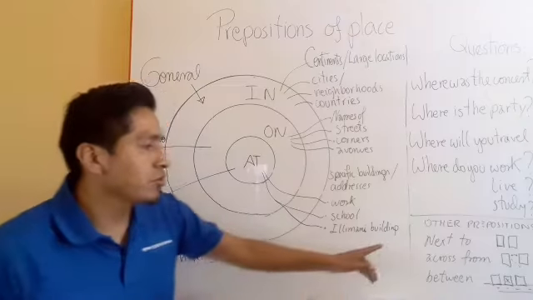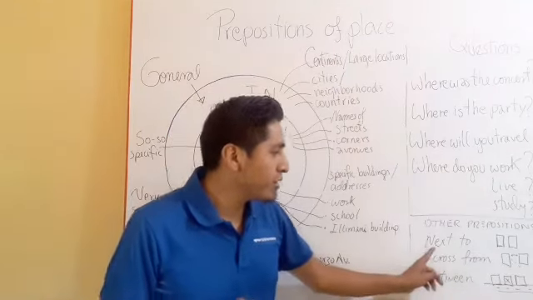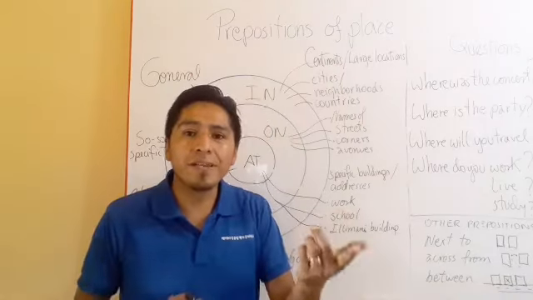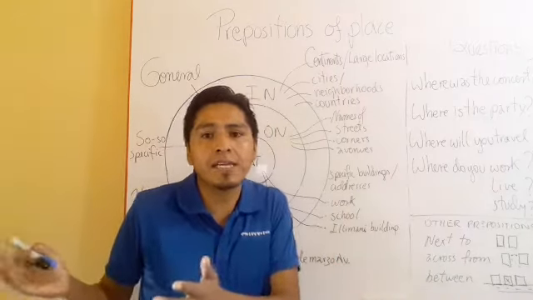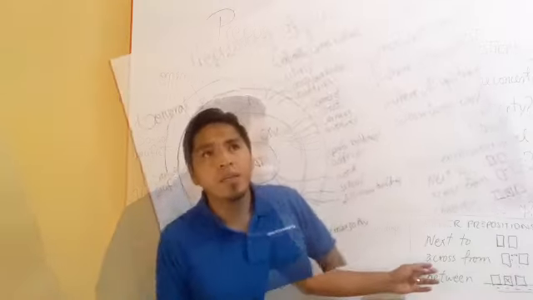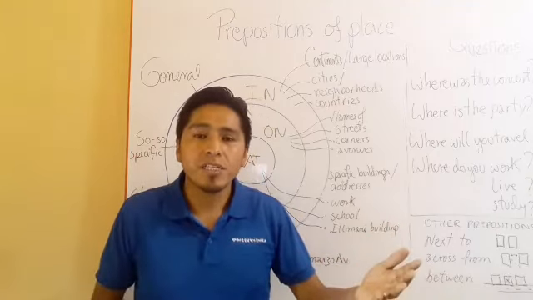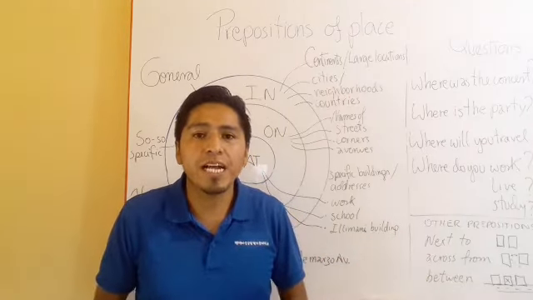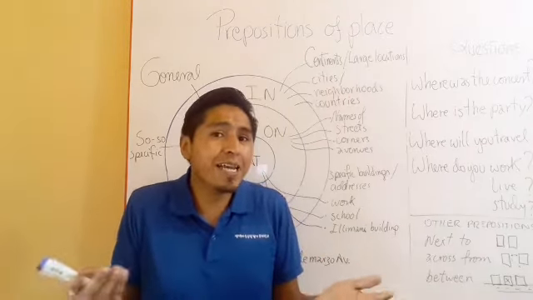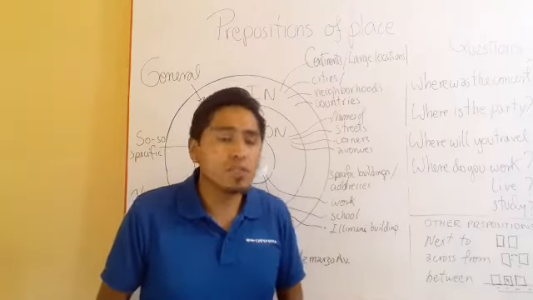And that's why here I wrote for you other prepositions that will help you. For example, when you say next to, that you can give a reference. Imagine there is a bank next to your house, so you say next to the bank. I live next to the bank. Imagine across from your house there is a hospital, or there is any kind of reference. So you can say I live across from the hospital.